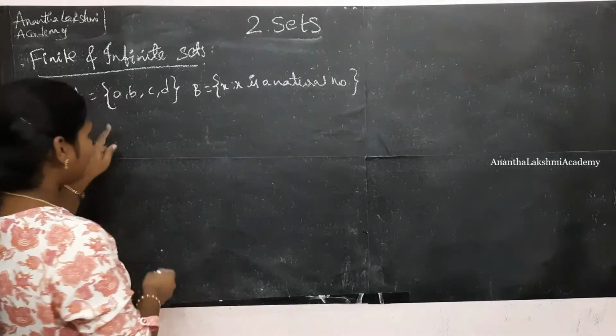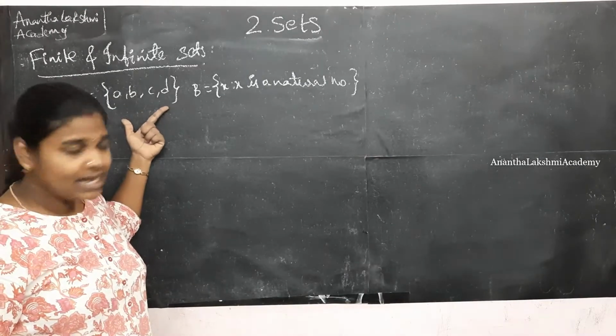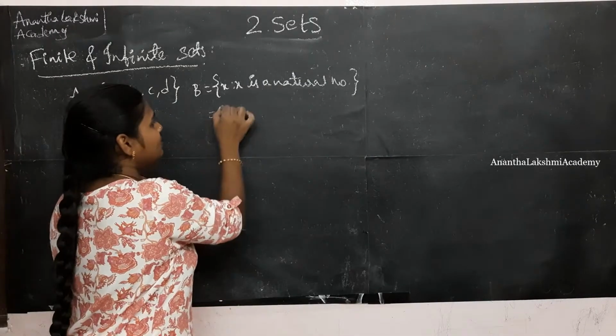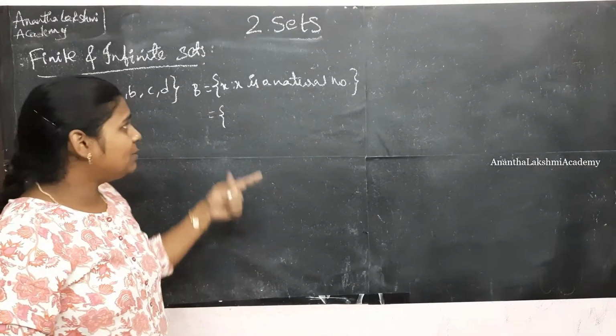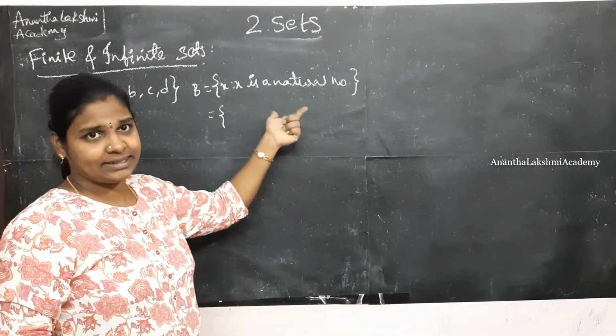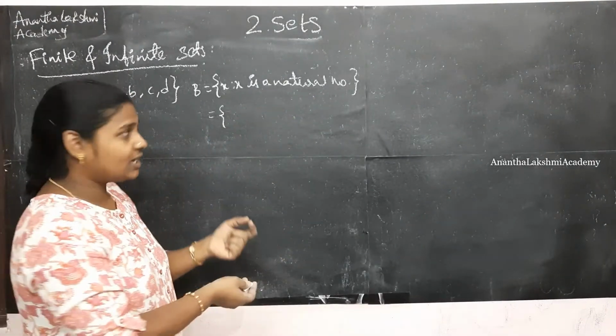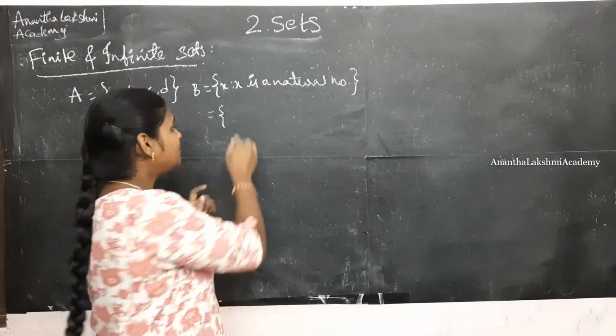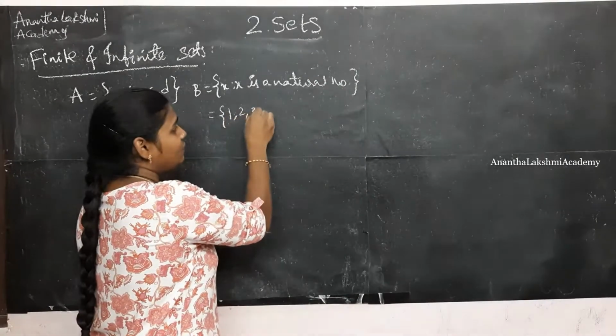Now that the elements are listed in A, I do not have a problem. For B, I need to list out the elements because I cannot solve any problem like this. So let's figure that out. What is a natural number? Natural numbers begin with 1, 2, 3, 4 and so on.